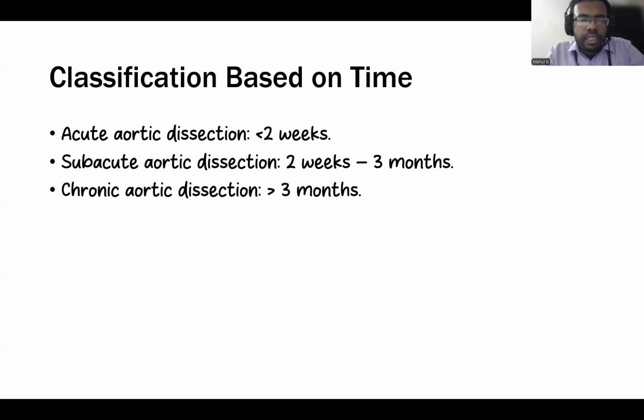But basically, once an aortic dissection is beyond 2 weeks, that means that the patient is somehow tolerating that dissection to some extent, and the risk of dying immediately is perhaps not as much as when the patient is presenting acutely within a few hours or days.